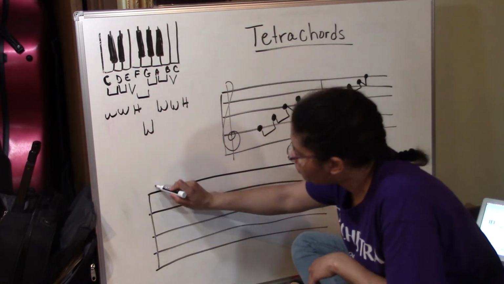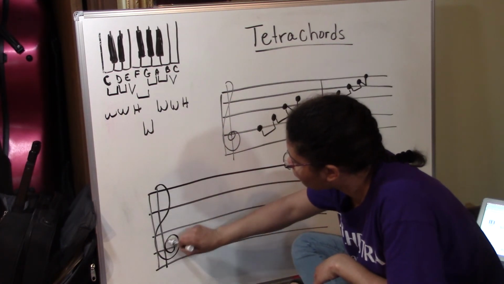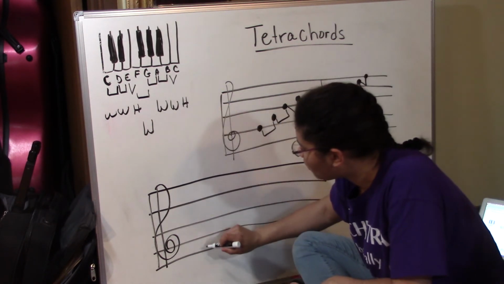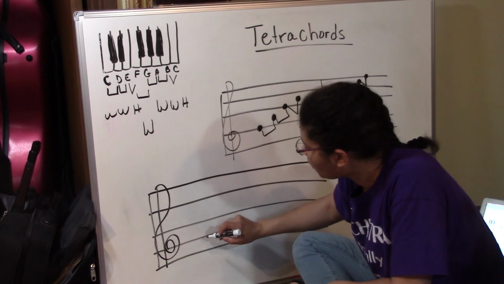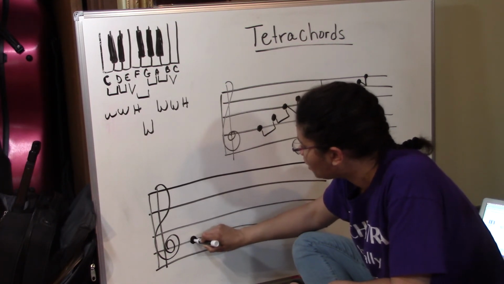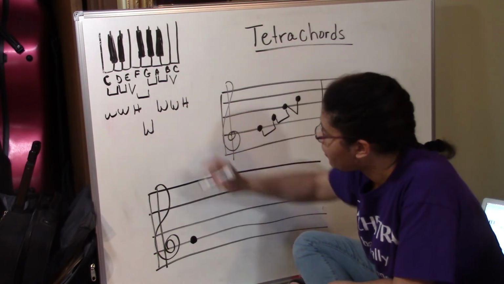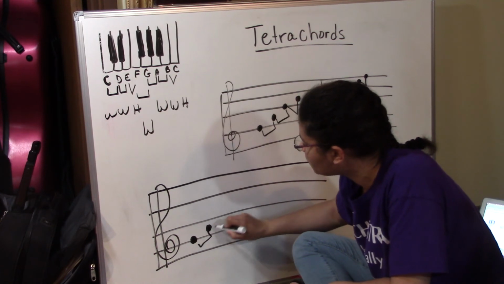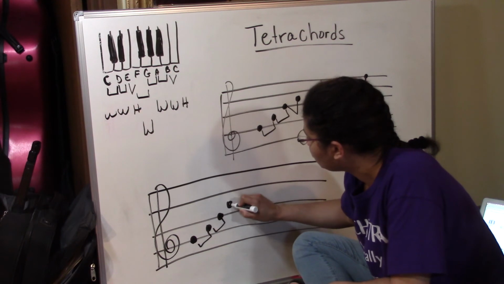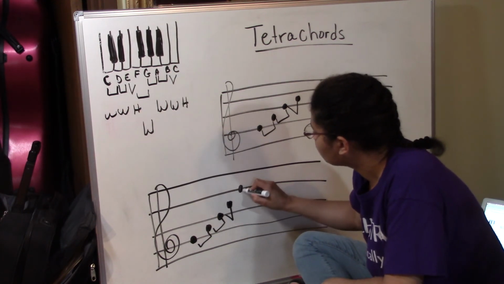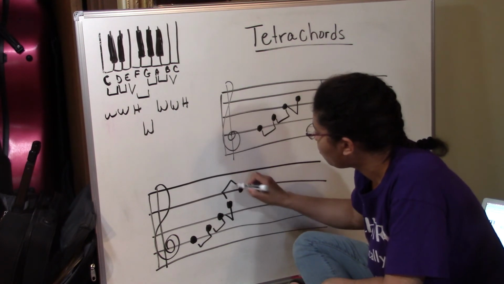Again, I can do a tetrachord on any note. But if I want to create an entire scale, I have to link them just like it occurs on the piano. So let's do G, and I'm going to follow this pattern that the keyboard does. G to A, that's a whole step. A to B, that's a whole step. B to C, that's a half step. C to D, that's my connecting whole step.